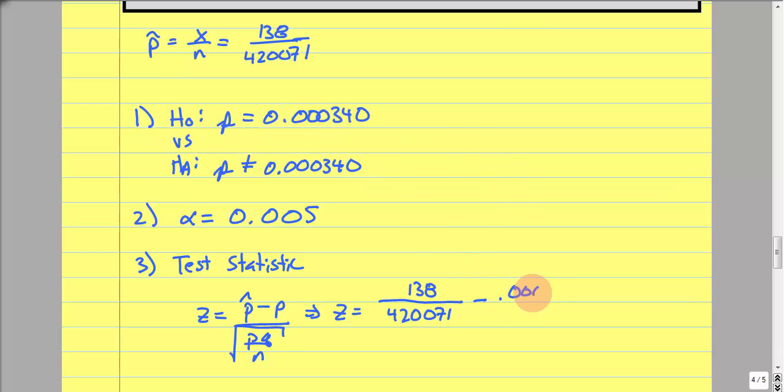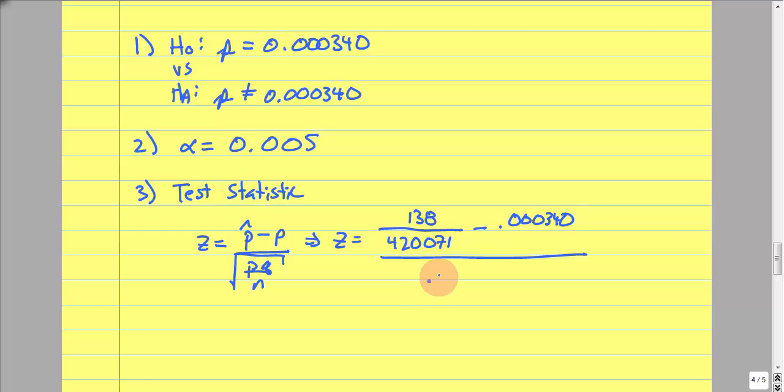This is 0.000340. Now this one's going to be a little tougher because I'm getting some strange numbers here. 0.000340. Now q is going to be 1 minus that.